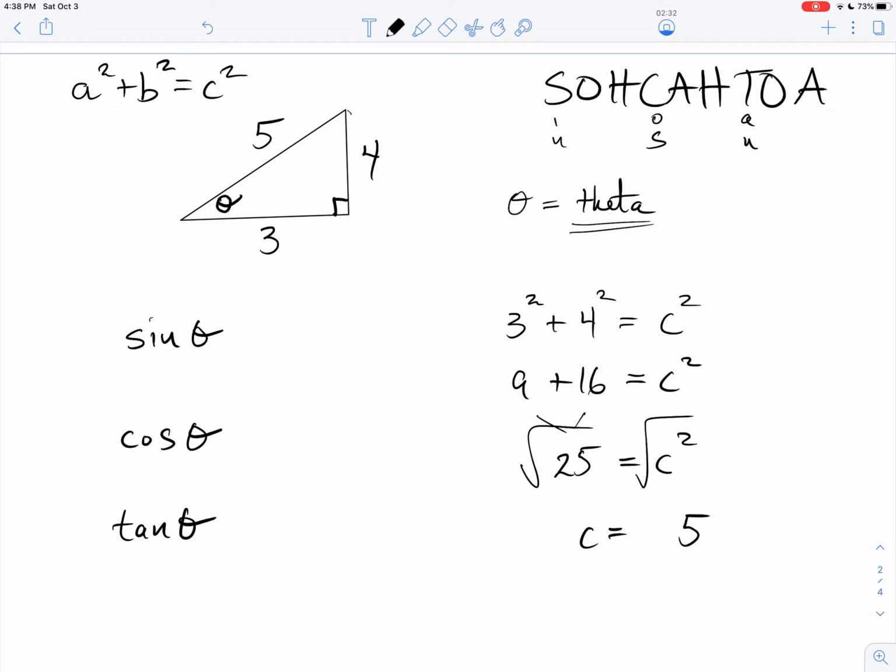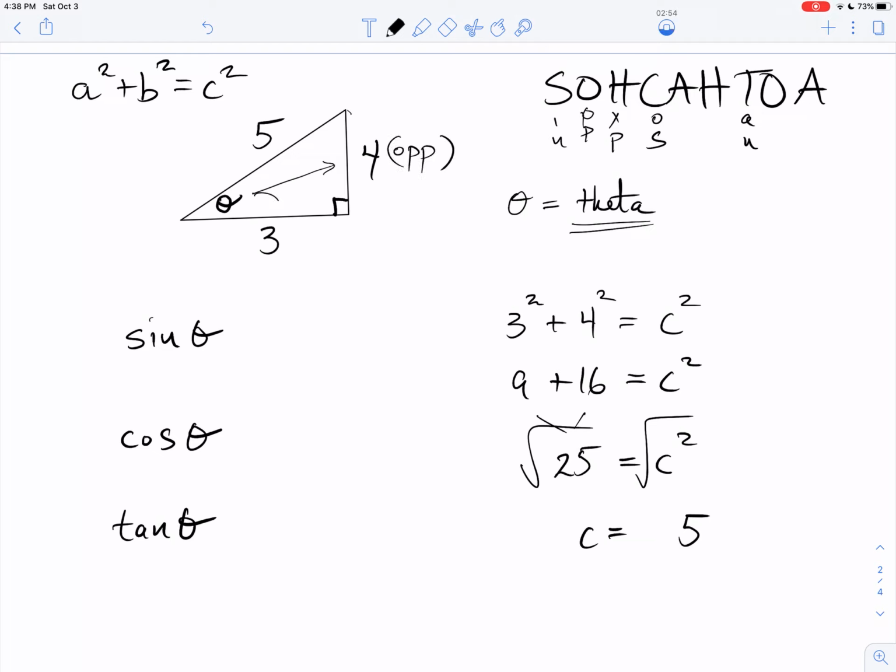Now, sine of theta means, and I'm going to fill in the blanks up here, opposite over the hypotenuse. So the hypotenuse is always the one that's across from our right angle. Opposite is the one that I would go completely opposite of. So this guy over here is going to be opposite.